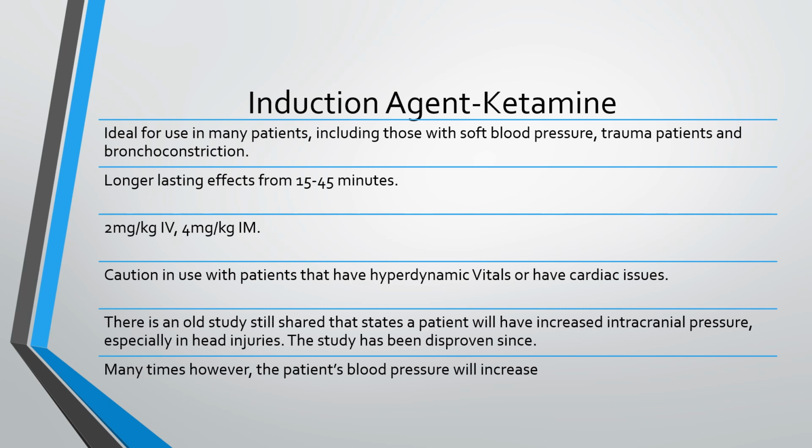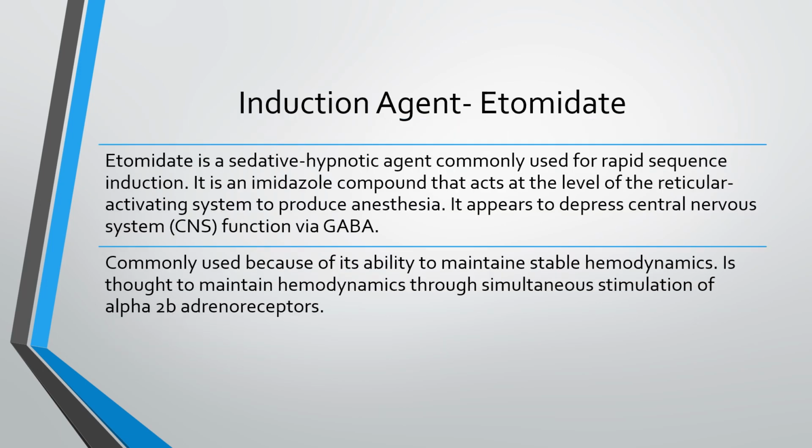And so one other interesting aspect when we talk about this medication, that tends to be very useful, is what it correlates to as far as using it with our paralytics, and we'll kind of get into that here in a few minutes.